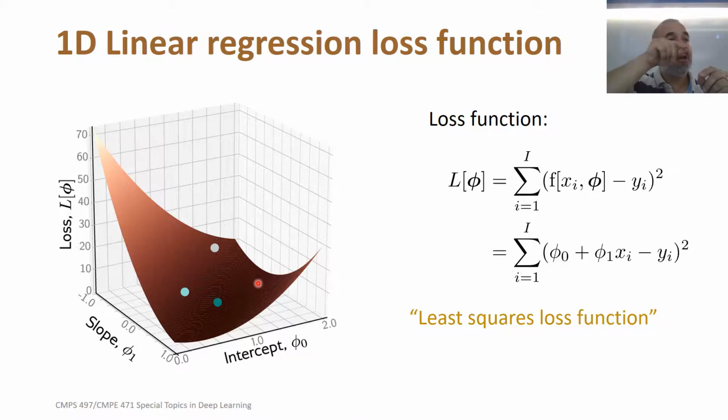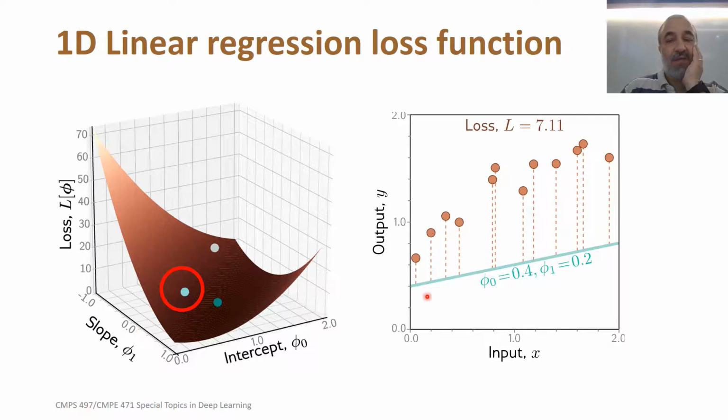If you give me the values of phi 0 and phi 1, then we have specified a specific line. So every point here represents the loss for a specific line in the space, because every point has a phi 0 value and a phi 1 value, and the height is the loss. So actually, this point is that line. Do you see the mapping?